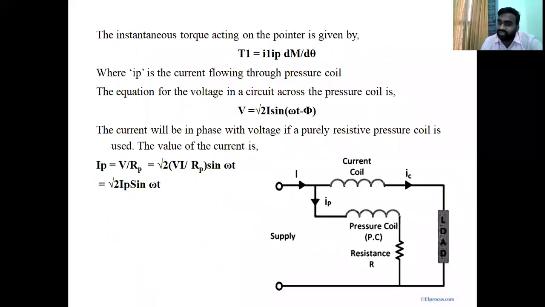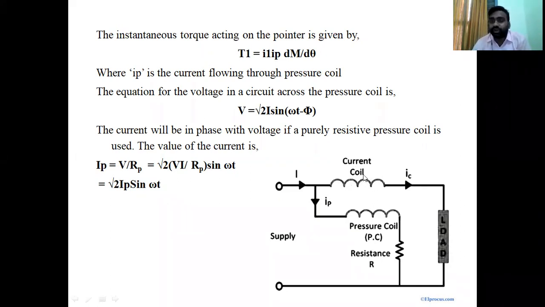Okay, so if we see the torque expression in this type of electrodynamometer moving coil instrument, this is nothing but an electrical schematic diagram. This is where we apply the voltage. This is the current coil, this is the pressure coil, and this is the load. This is how we draw a wattmeter electrical symbol.